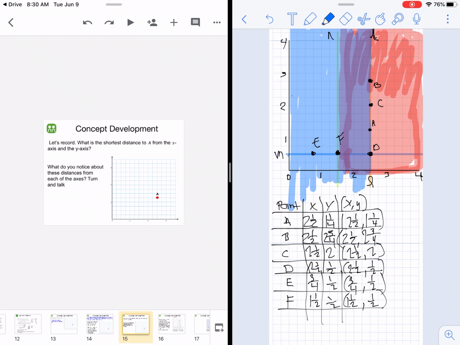Now what I want you to do is name a point that would lie in the purple region. So we have a blue region, we have a red region, and in the middle there, we have a purple region.